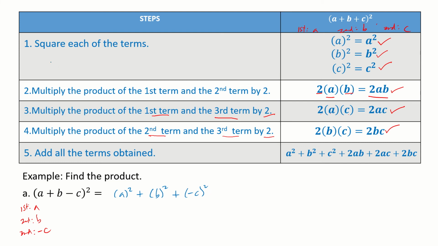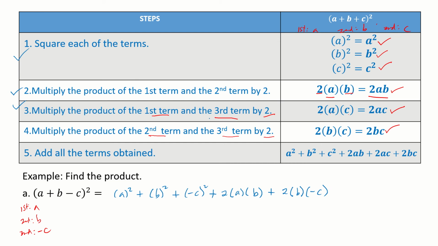The next step is to multiply the product of the first and the second term. So plus, don't forget, multiply it also with the 2. So 2 times first term, second term. Then plus, third step, first and the third term, but still multiply it with 2.